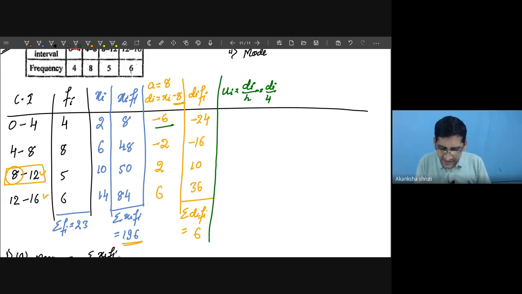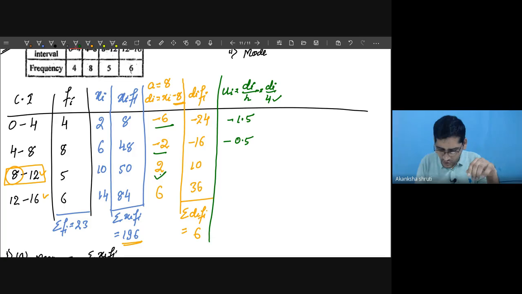So 6 divided by 4. How much is it? Minus 1.5. Yes, students, 6 divided by 4. Next one is minus 2 divided by this 4. How much is it? 0.5.